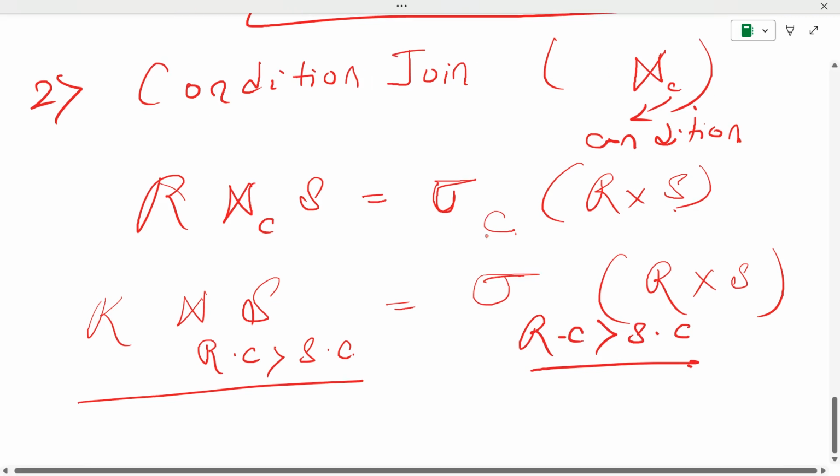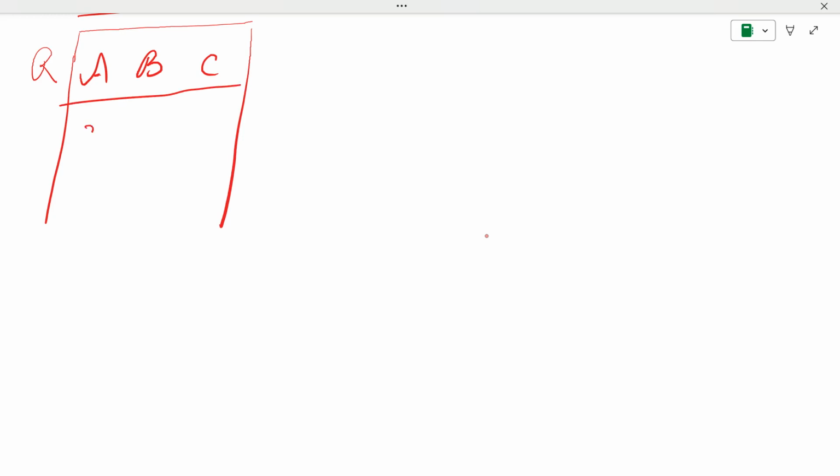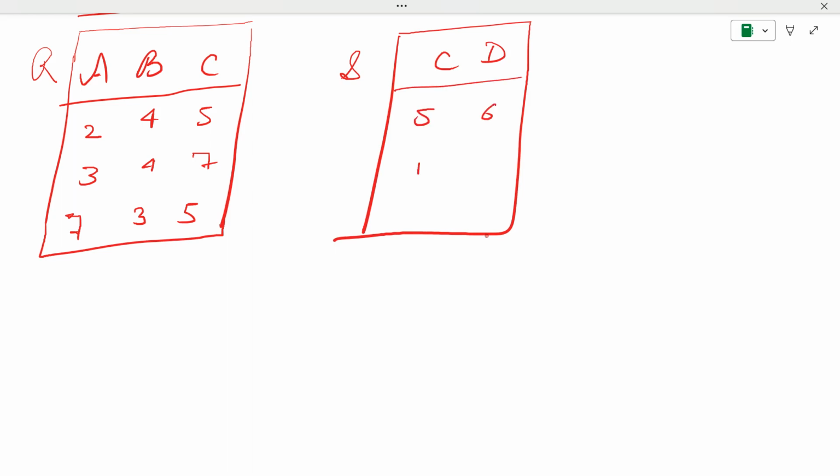So if you again look back at the table, what we are getting from here is that if we have a relation R, and let's say R consists of A, B, C, and it is 2, 4, 5, and 3, 4, 7, and 7, 3, 5, and then we have a relation S, and that consists of C and D, that is 5, 6 and 4, 5.